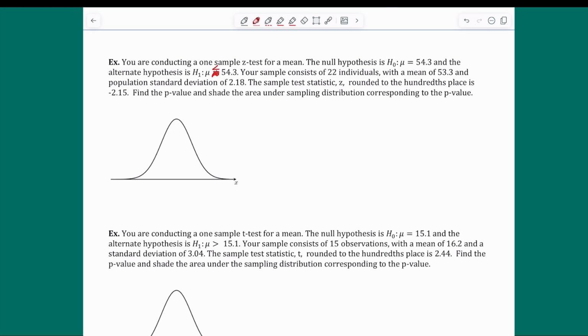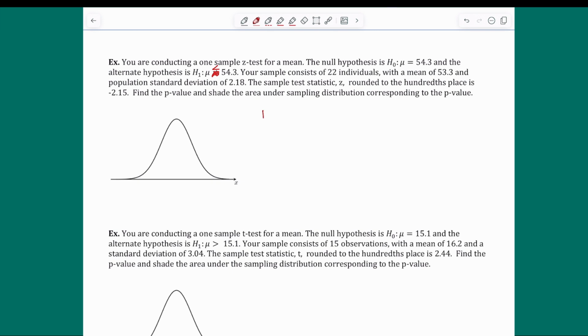So the alternate hypothesis H1 is mu less than 54.3. Your sample consists of 22 individuals with a mean of 53.3 and a population standard deviation of 2.18. The sample test statistic z, rounded to the hundredths place, is negative 2.15. Find the p-value and shade the area under the sample distribution corresponding to the p-value.